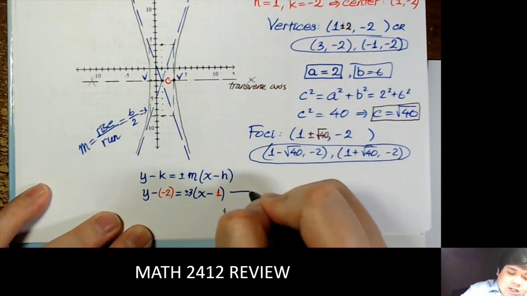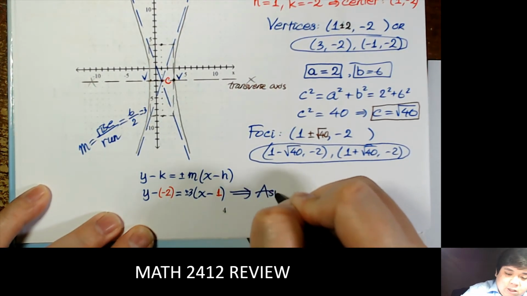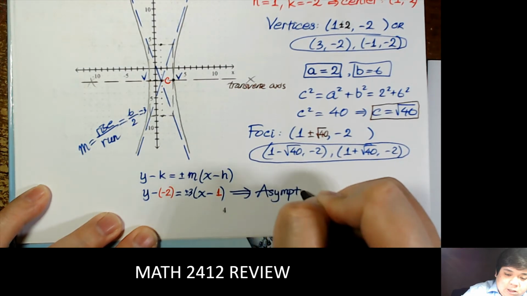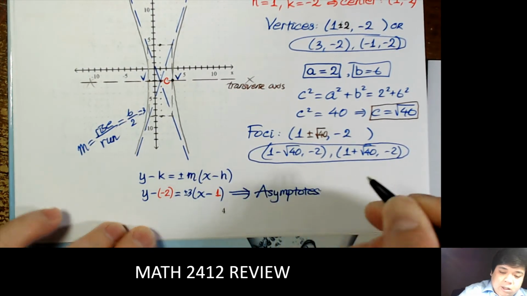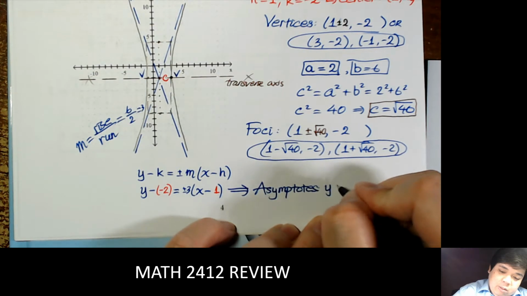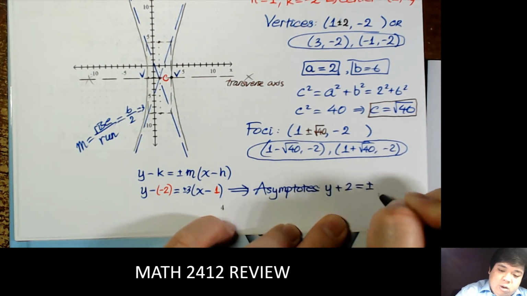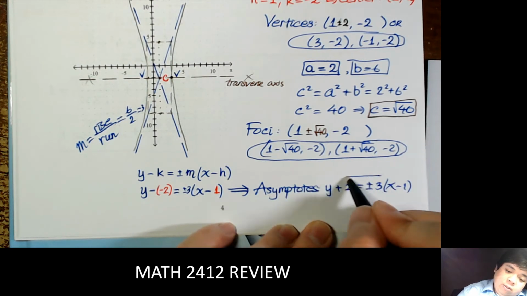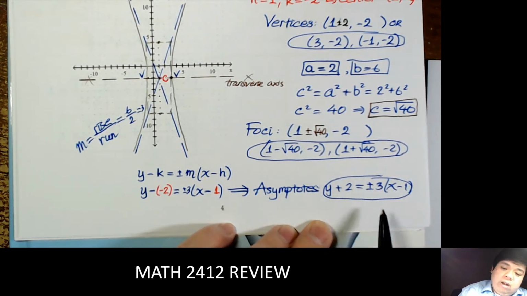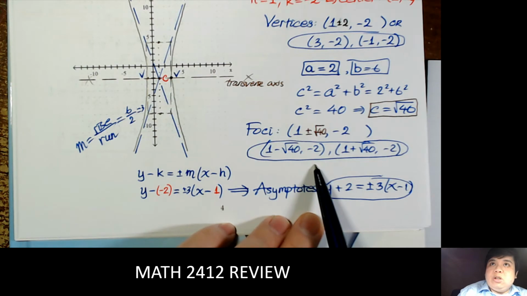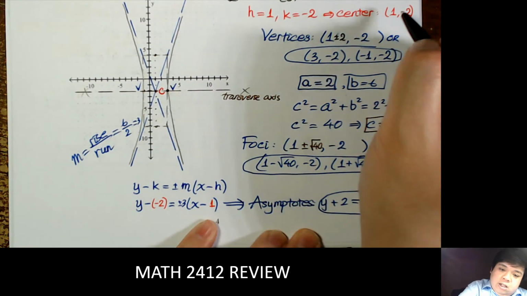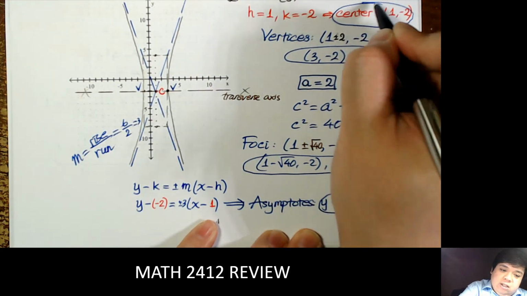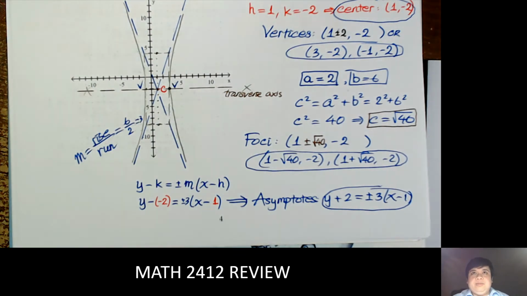Bottom line, the asymptotes is y plus 2 equal to plus or minus 3 times x minus 1. So that's what we have: asymptotes, foci, vertices, and then center. The graph looks like this.